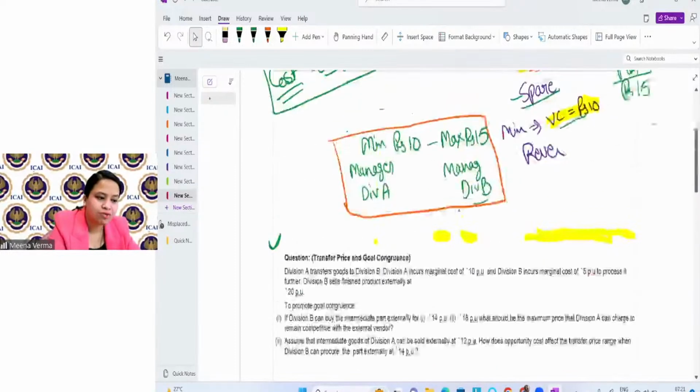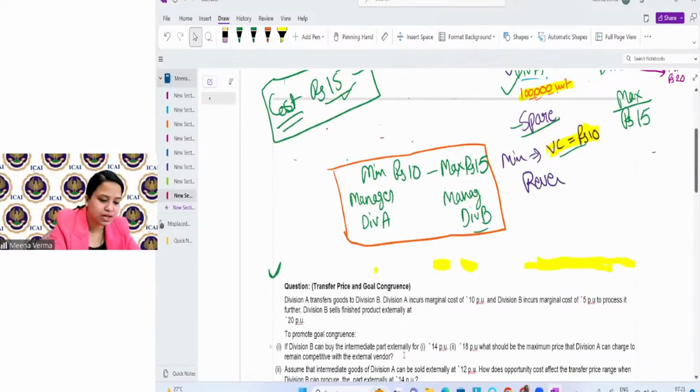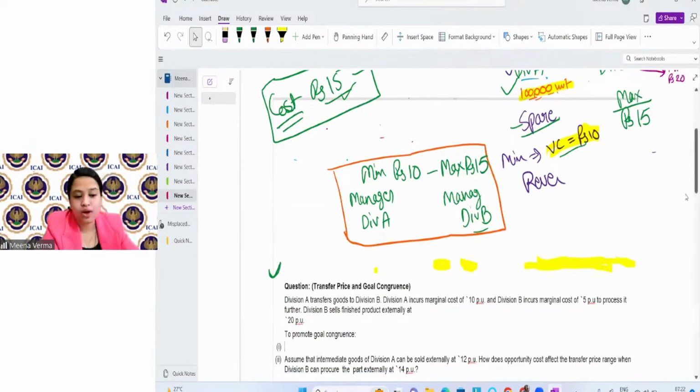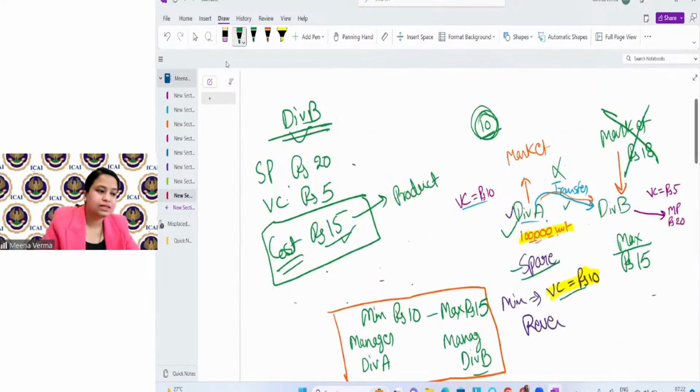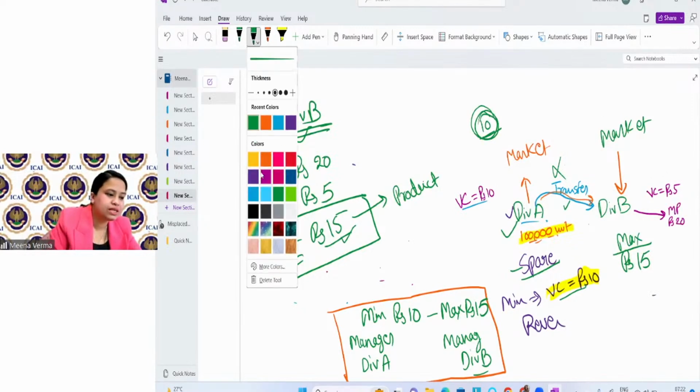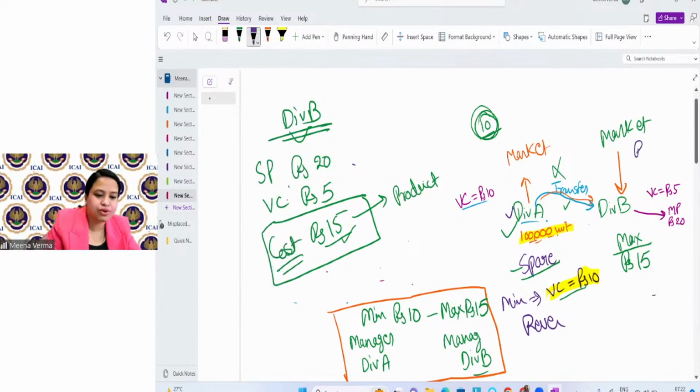Okay, I want to consider here one more scenario before considering your question, whatever they have given you. For example, the same product is available in the market for rupees 8. What will happen now?